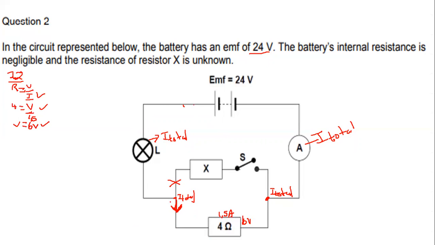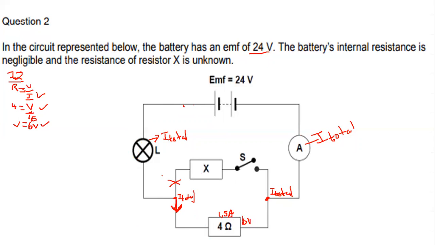So these two resistors are connected in series altogether. Now, if they're connected in series, we know that these are the only resistors.